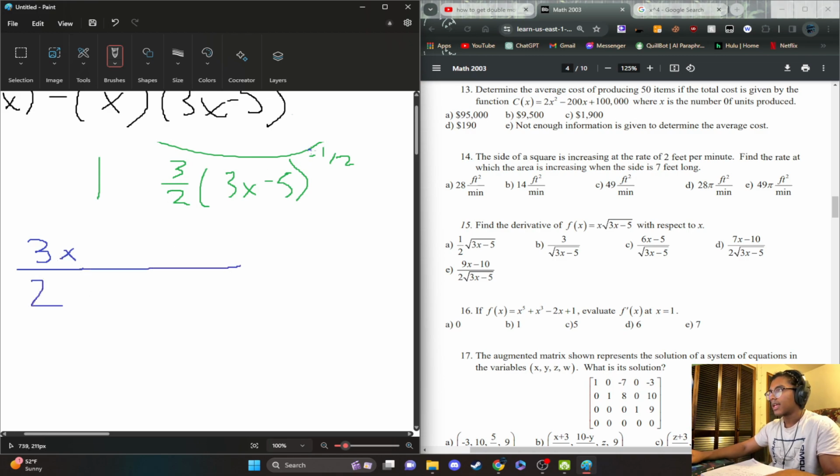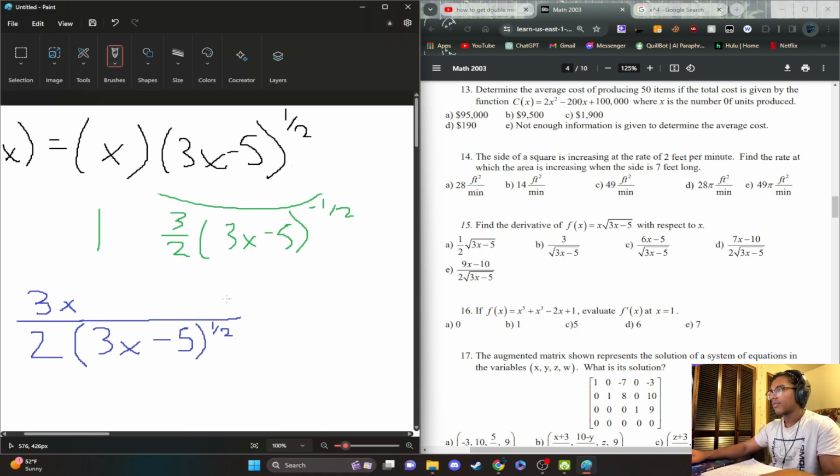And since this has a negative exponent right here, we're going to bring it to the bottom. And the 2, since it's on the bottom already, is going to stay at the bottom. So it's going to be 3x minus 5 to the half power.